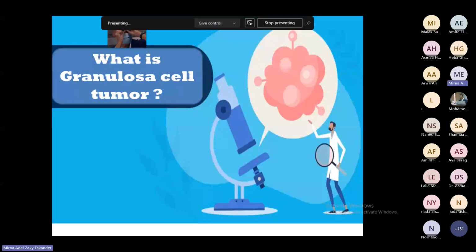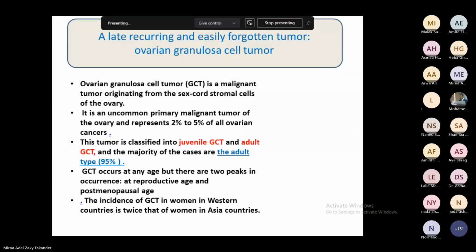So what is granulosa cell tumor? It is a late recurring and easily forgotten tumor. It is a malignancy originating from the sex cord stromal cells of the ovary, and it's an uncommon tumor which represents 2% to 5% of all ovarian cancers.